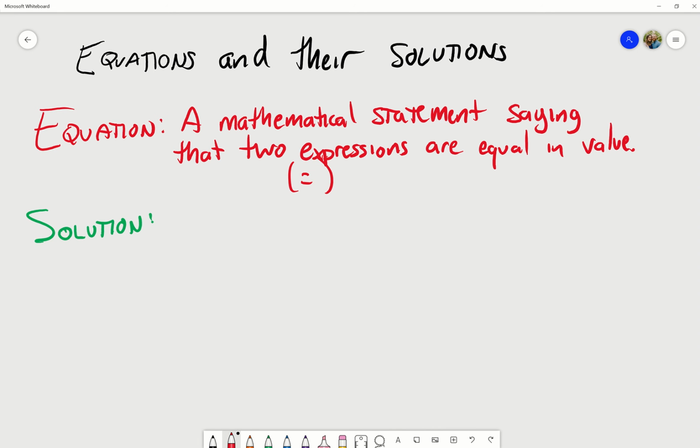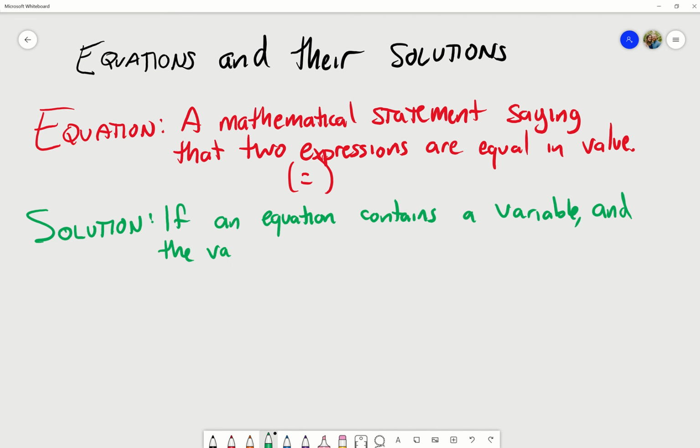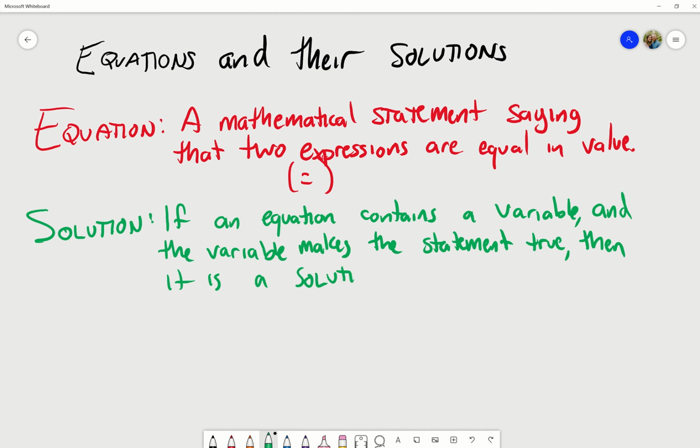And then a solution is, if an equation contains a variable and the variable makes the statement true, then it is a solution.